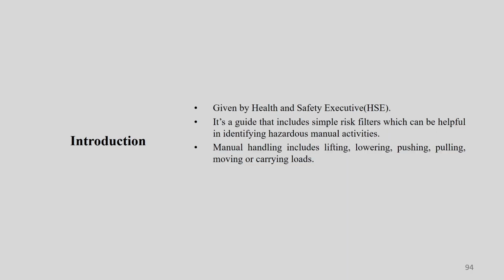It is going to give you some small filters, and if your workstation is designed using those filters, you will be in a risk free zone. These are simple risk filters which can be helpful in identifying hazardous manual activity.